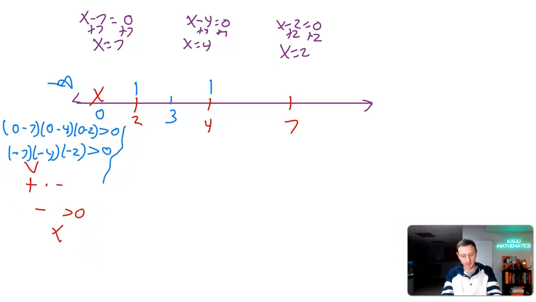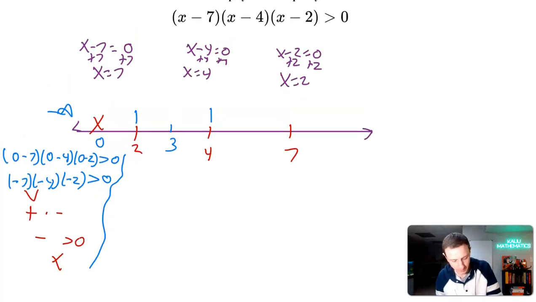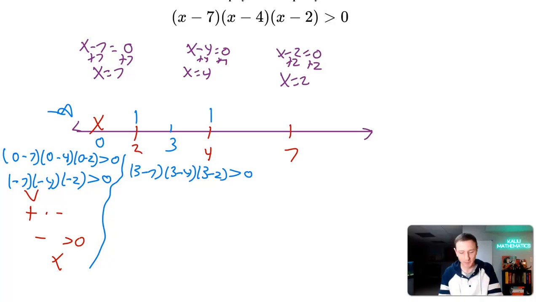So now we want to take a value from the interval from 2 to 4, and I'm going to take 3. So I'm going to do 3 minus 7 times 3 minus 4 times 3 minus 2 greater than 0. And we're not worried about what the actual values are. We are worried if it's positive or negative, because we want to know if it's greater than or less than 0.